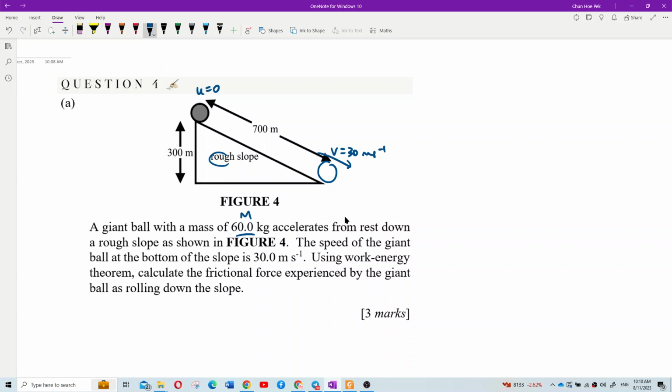Okay, class. Frictional force. First of all, we must determine what the forces involved are. Because work energy theorem, what is the work energy theorem, class?